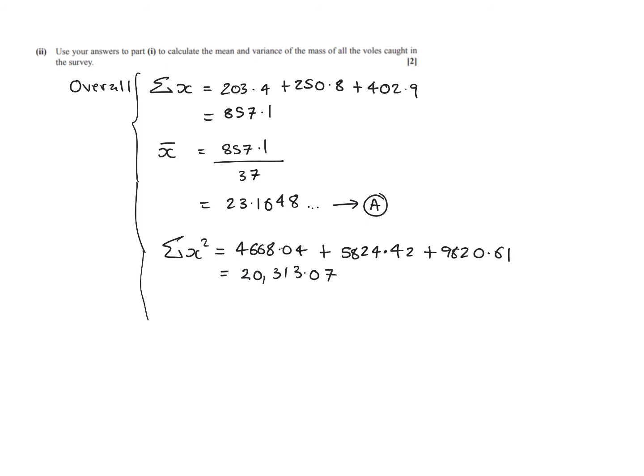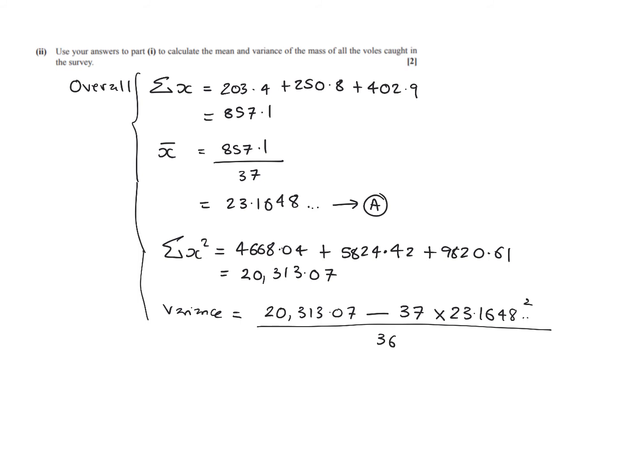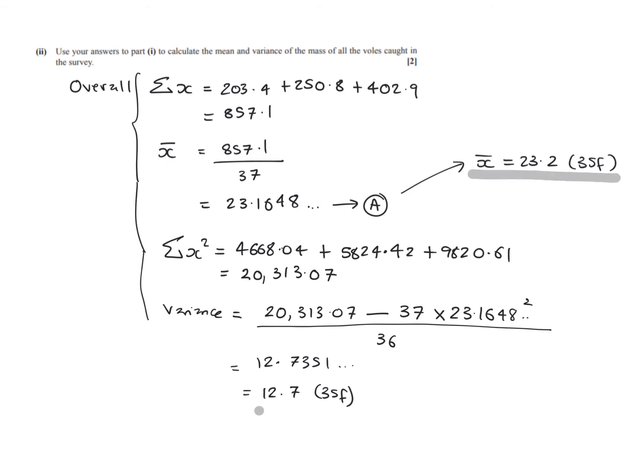Now, to get our overall variance, we take this value of sigma x squared, we subtract from it the overall n value, 37, multiplied by the overall x bar squared, and we divide by the overall value of n minus 1, which is 36. And this gives us the variance, which is 12.7351 ... or 12.7 to 3 SF. We should round our x bar value as well, now that we're at the end of the calculation, so that is 23.2 to 3 significant figures. So we have our finalised answer for the mean and for the variance.